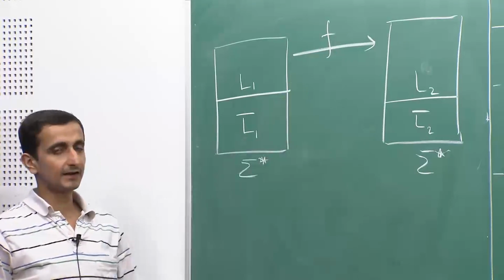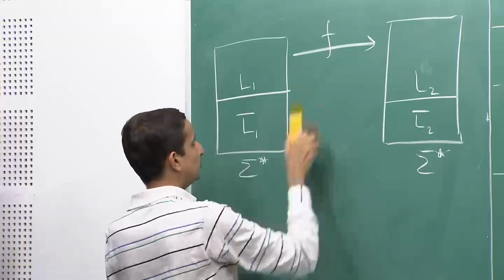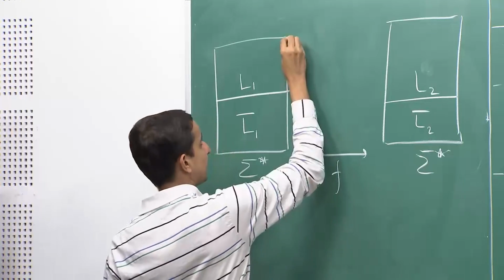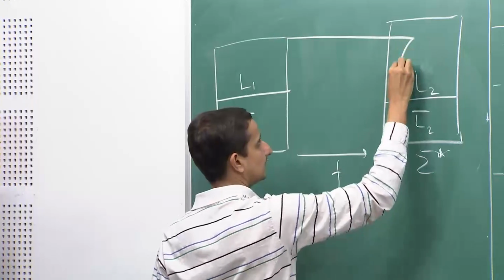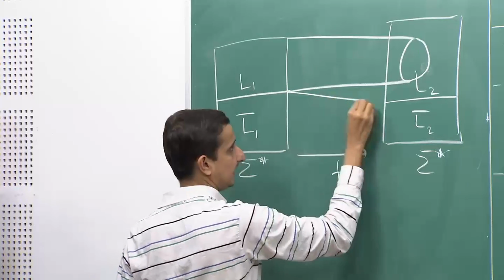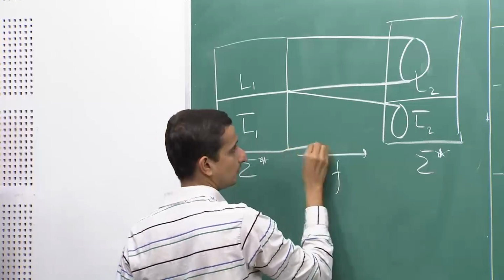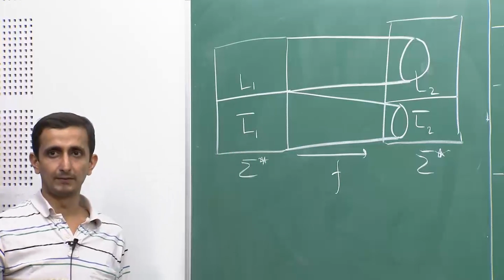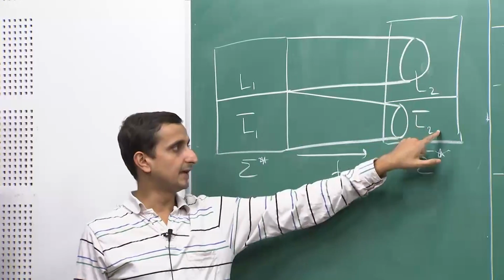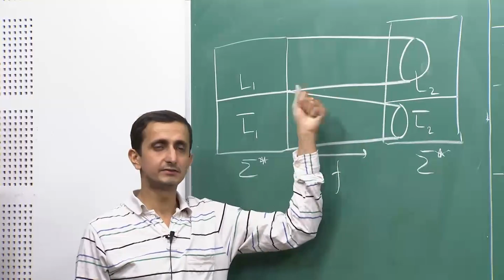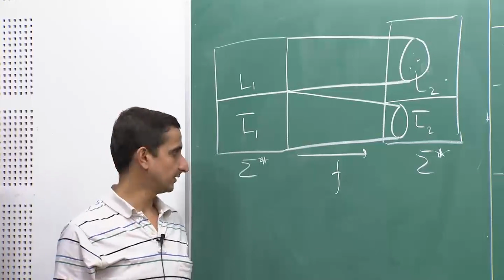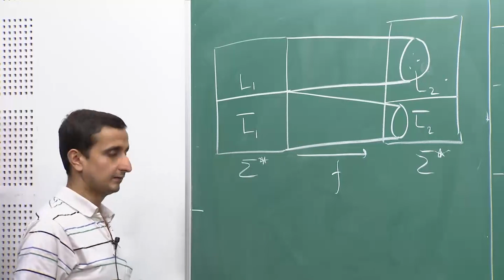So, we say that f is a reduction if the entire L1 is mapped to some subset of L2, and the entire L1 complement is mapped to some subset of L2 complement. Okay. So, it is not necessary that every element in L2 or every element in L2 complement must have a pre-image. Okay. So, there can be elements outside also, there can be elements inside also. Okay. So, this is what the picture represents.